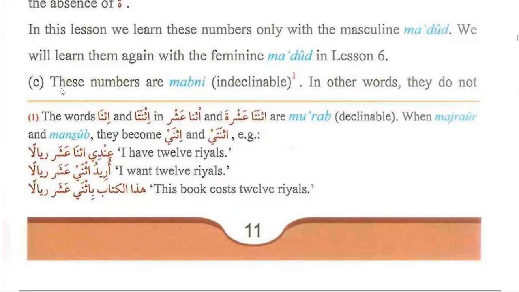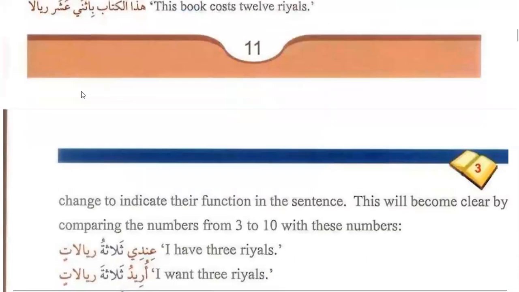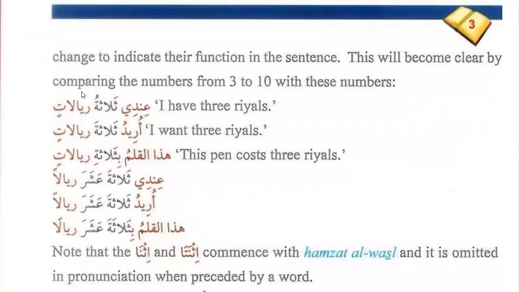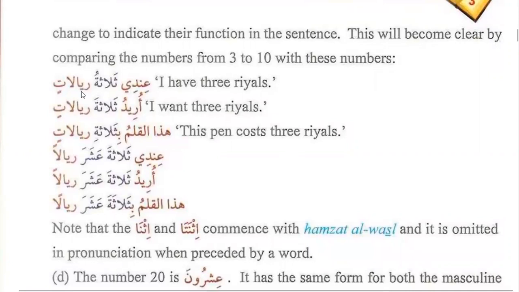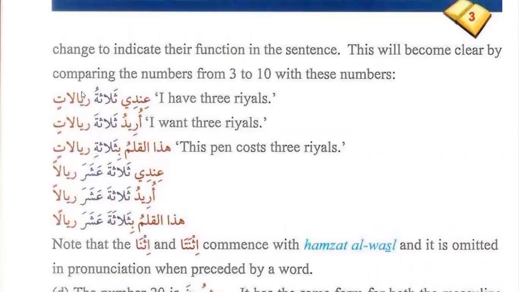Read this point number C also. See, these numbers are mabni, indeclinable. In other words, they do not change to indicate their function in the sentence. This will become clear by comparing the numbers from 3 to 10 with these numbers. Indi salasatu riyalatin: I have 3 riyals. Uridu salasata riyalatin: I want 3 riyals.